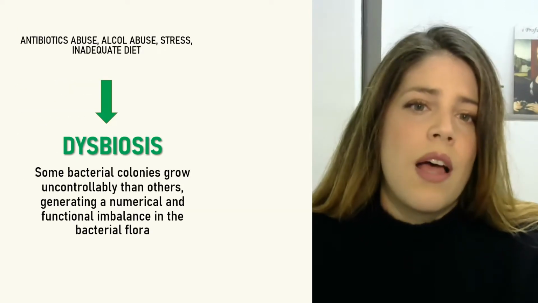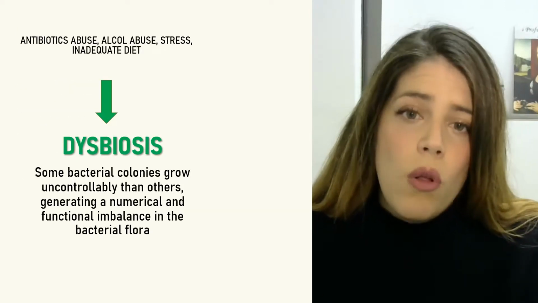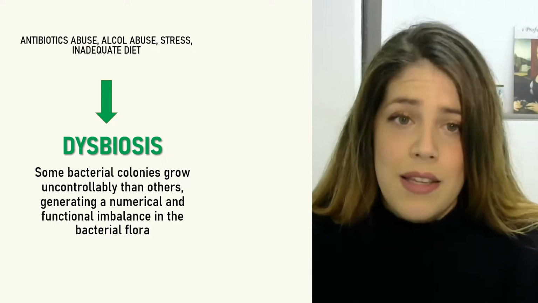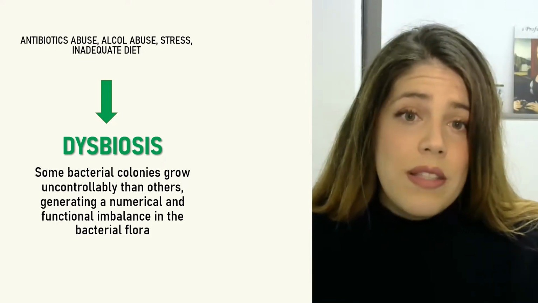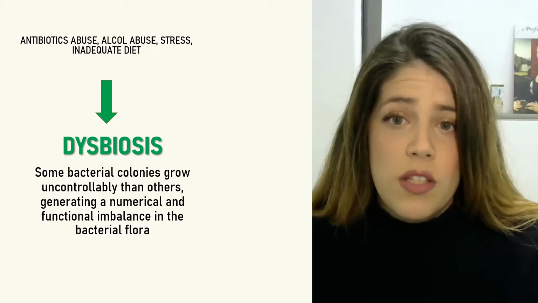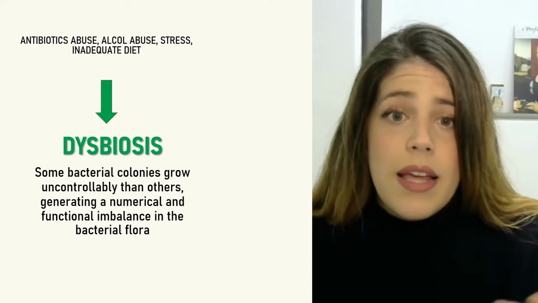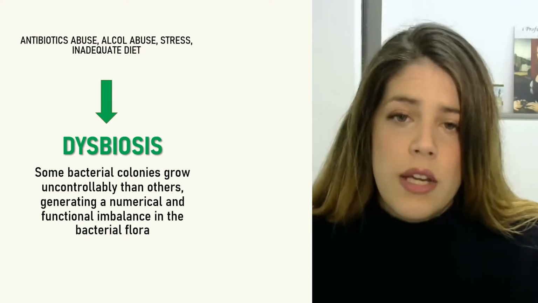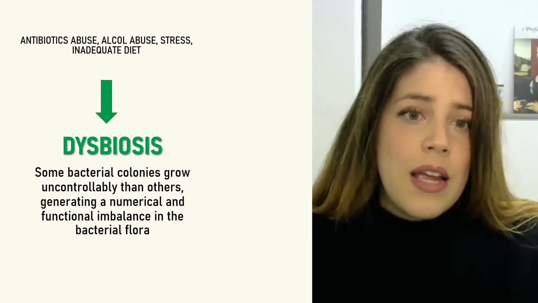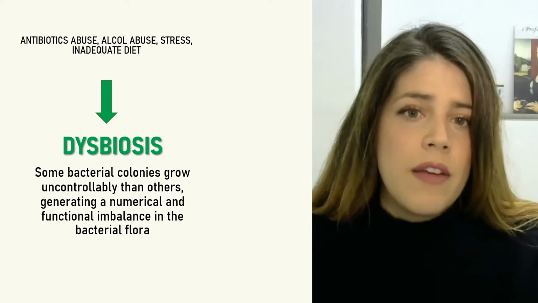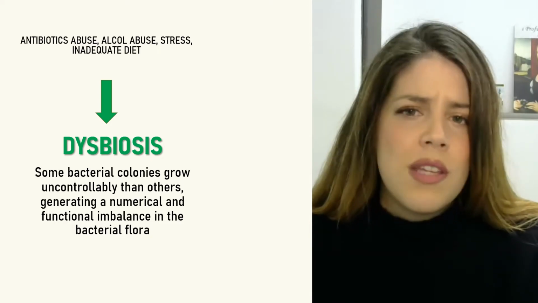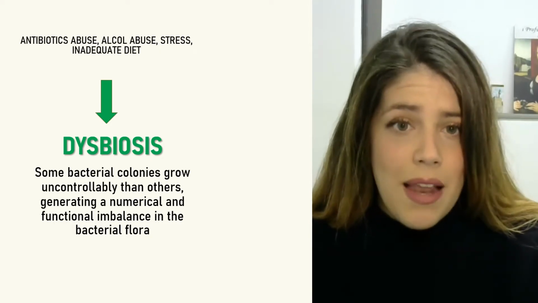All these functions are carried out effectively only if the microbiota is balanced, that is, when the different bacterial colonies of which it is composed maintain a stable growth. The inappropriate use of antibiotics, alcohol abuse, an inadequate diet, chronic inflammatory bowel disease, or simply stress alter this balance.